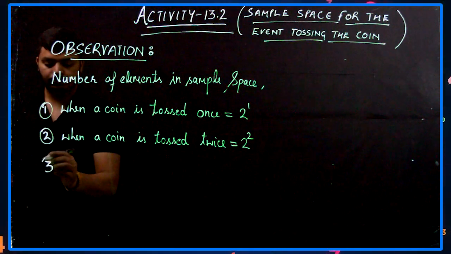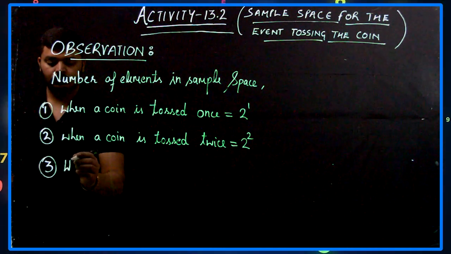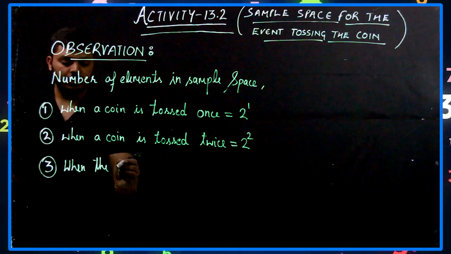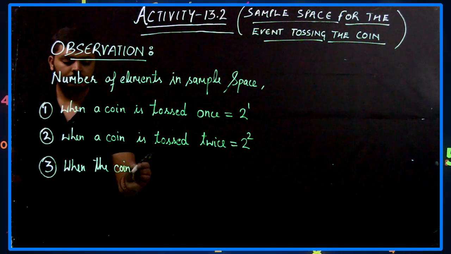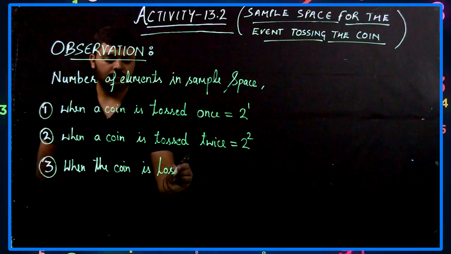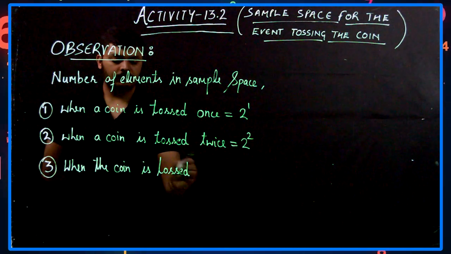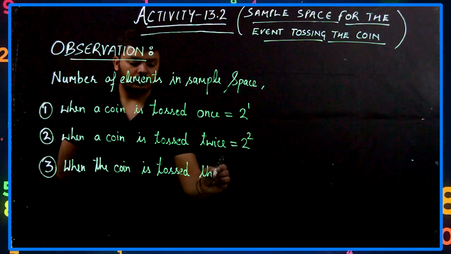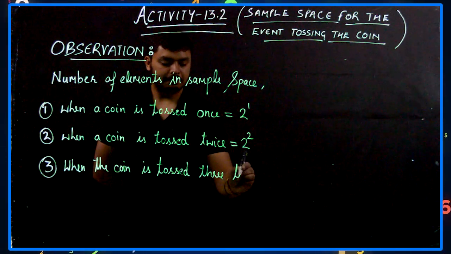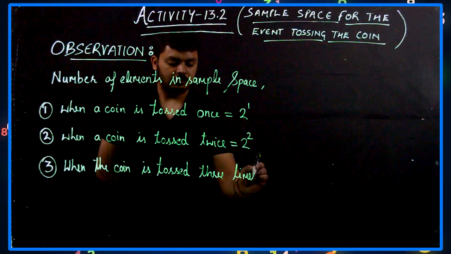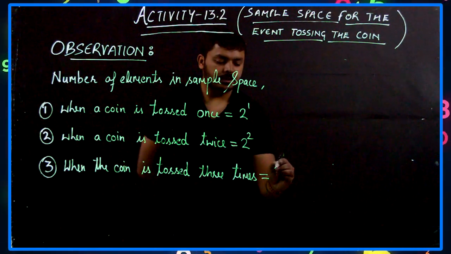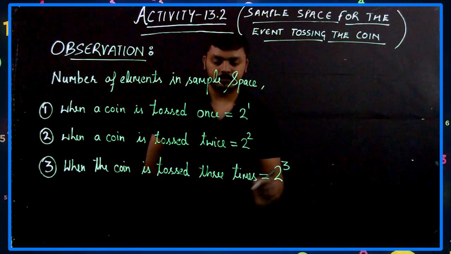Third, when the coin is tossed three times, then the number of elements in sample space is 2 to the power 3.